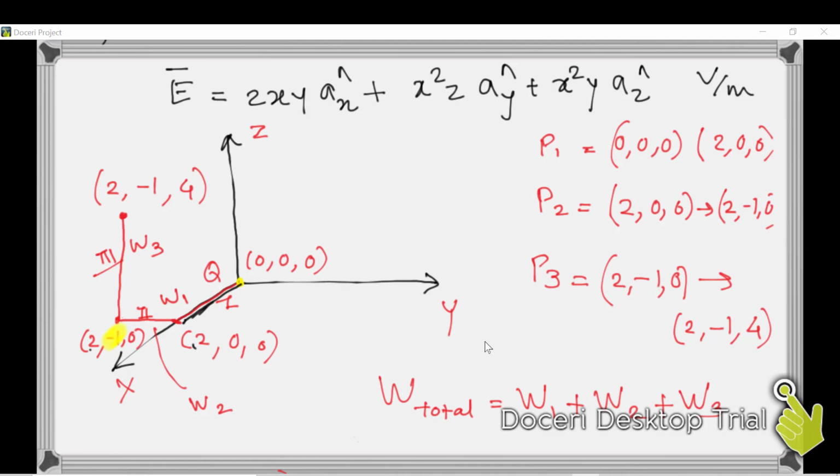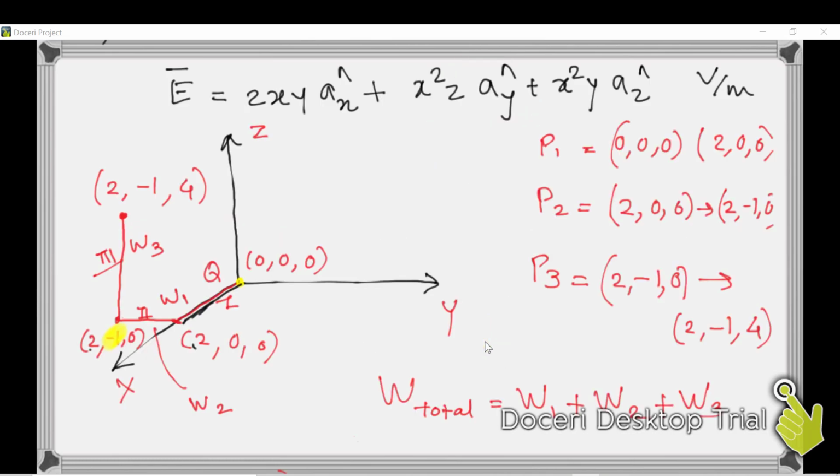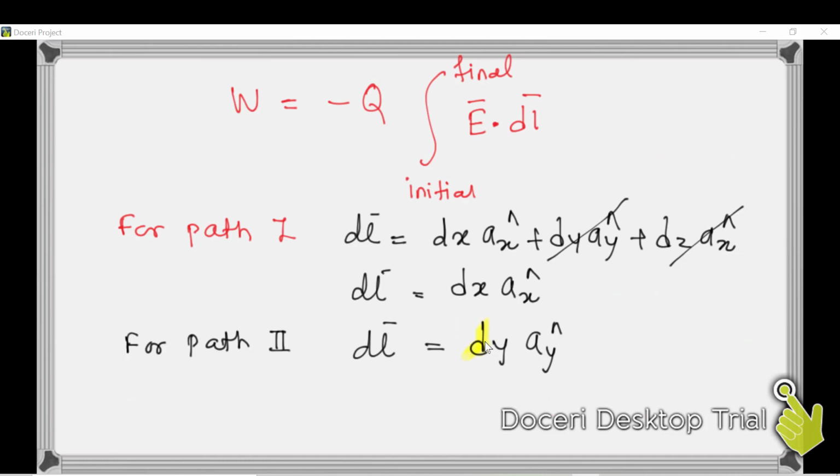So for this path, dl bar will be only dy ay cap. There is no change in x: x was initially 2 and finally it is again 2, so dx, the difference between 2 and 2, is 0. So dx and dz automatically become 0, and only dy ay will remain.